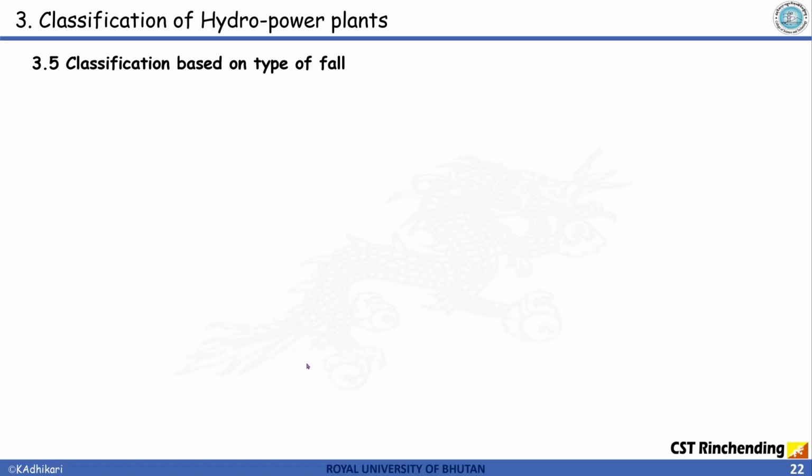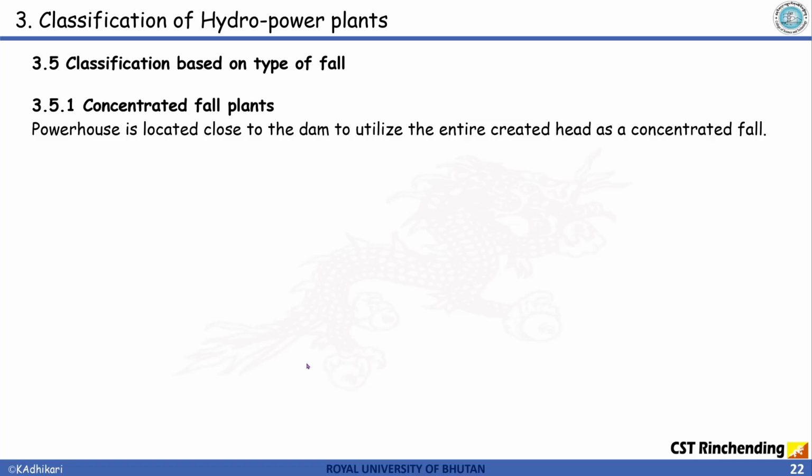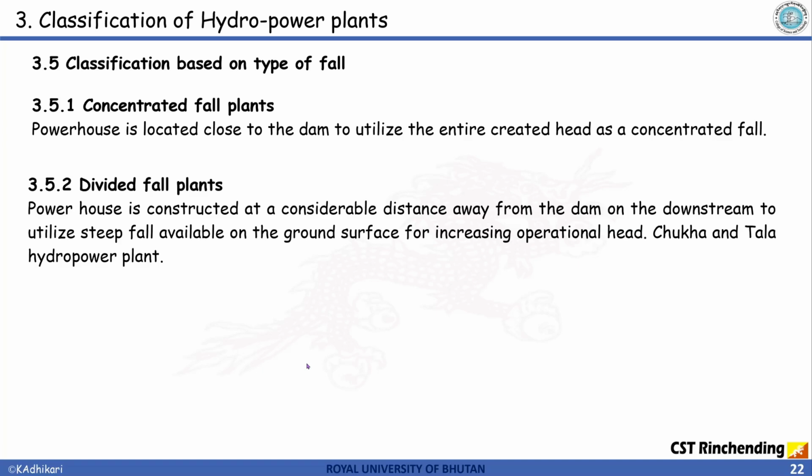Now the last one is based on the type of fall. Like I said, the powerhouse can be constructed along with the dam and the reservoir, or it is sometimes constructed at a distance from the dam to utilize the steep slope of the topography, right? If I give you an example, the Tala or the Chukha dam is constructed way above the Chukha powerhouse.